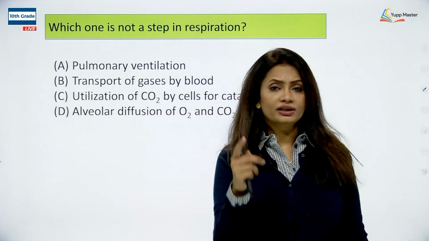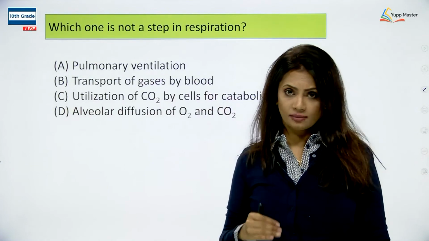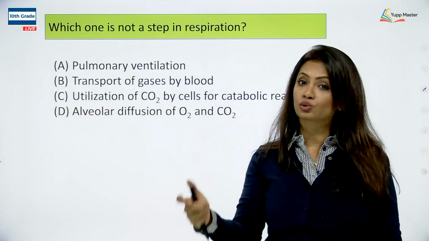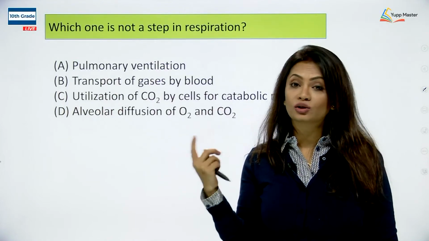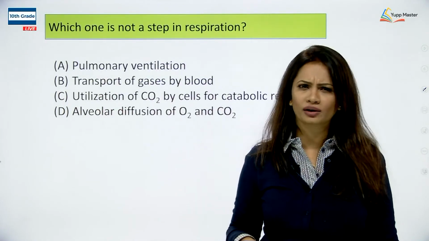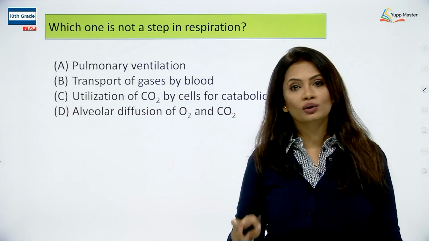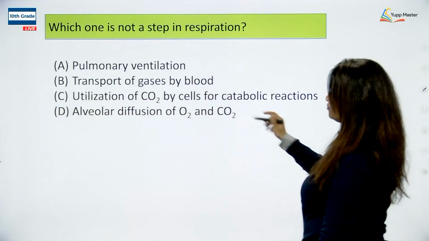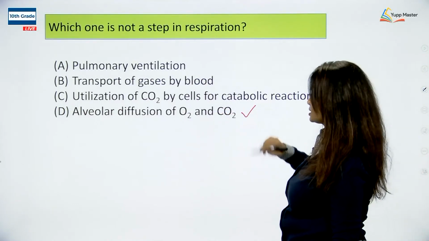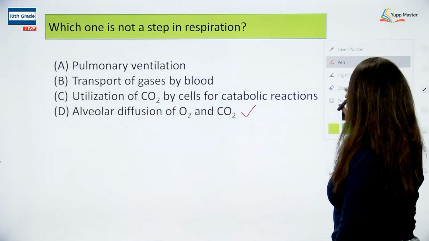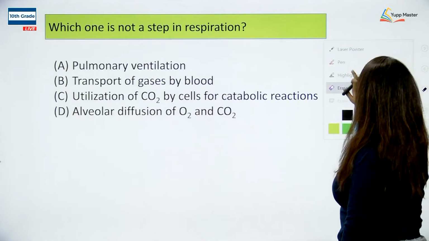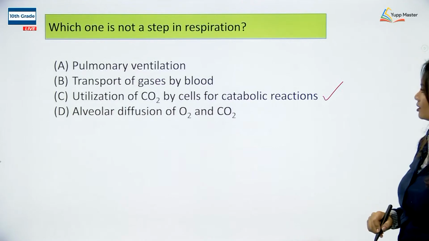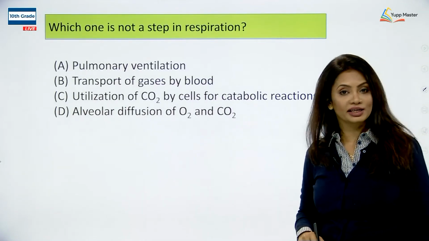Whenever we studied the respiratory system, have we ever spoken about how carbon dioxide is utilized in catabolic reactions? What are catabolic reactions? Reactions in which breakdown is happening. So we are not talking about that when we are talking about respiration. Alveolar diffusion of oxygen and carbon dioxide, this is correct. So our answer, what is not involved in respiration, would be the third one. The remaining three are a part of respiration.